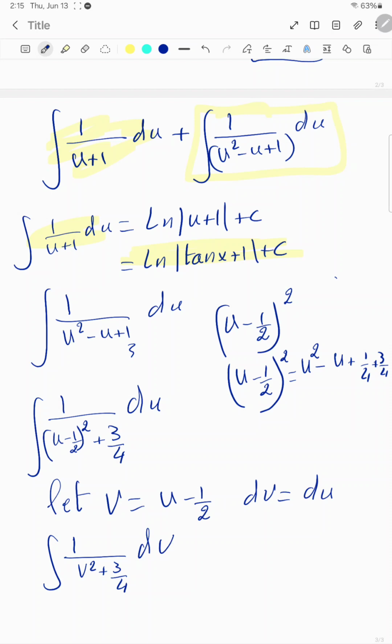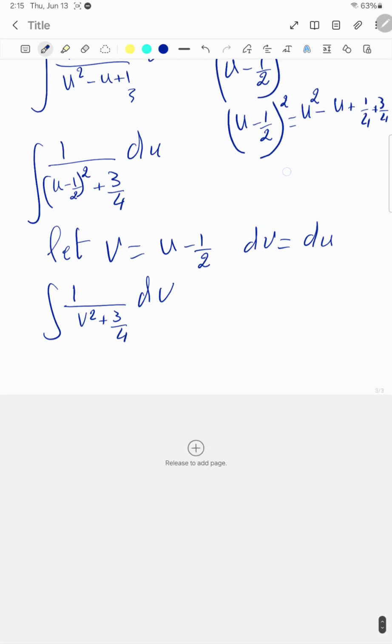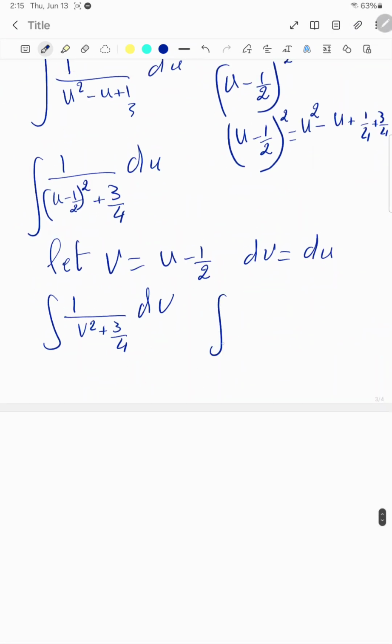Here I know that I have an integration formula. The formula is the integral of 1 divided by x squared plus 1 dx is equal to the one that is here times arc tan of x plus c. So that's a formula I will highlight.